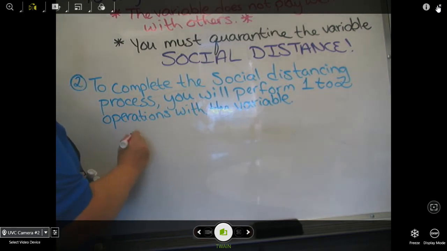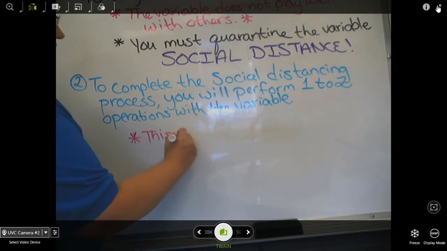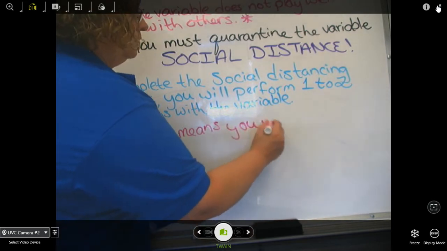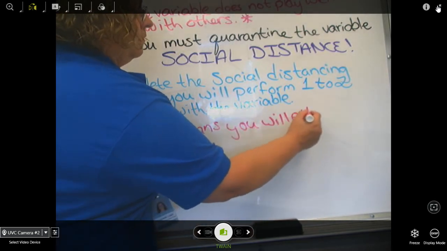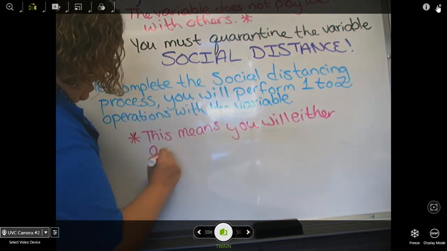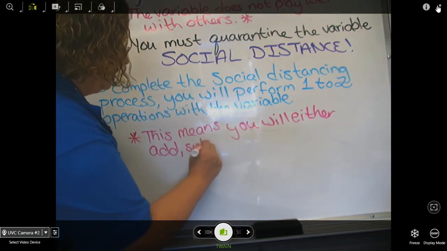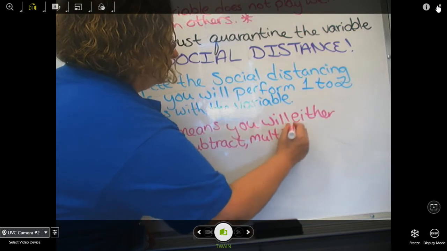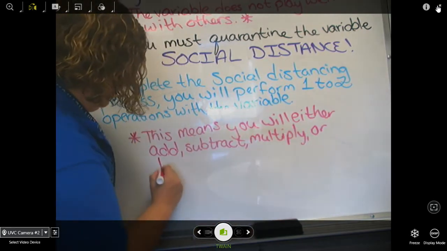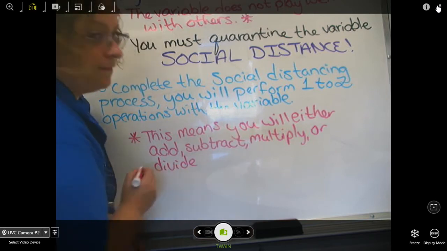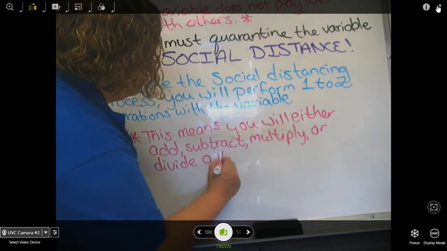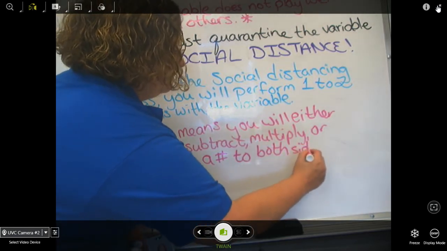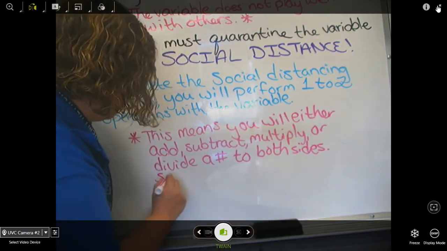This means you will either add, subtract, multiply, or divide a number to both sides, sometimes doing 2 of those.